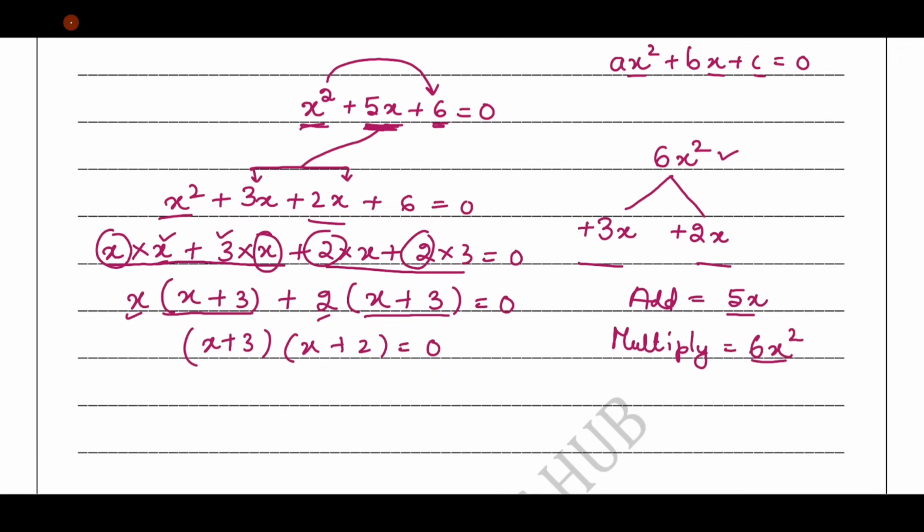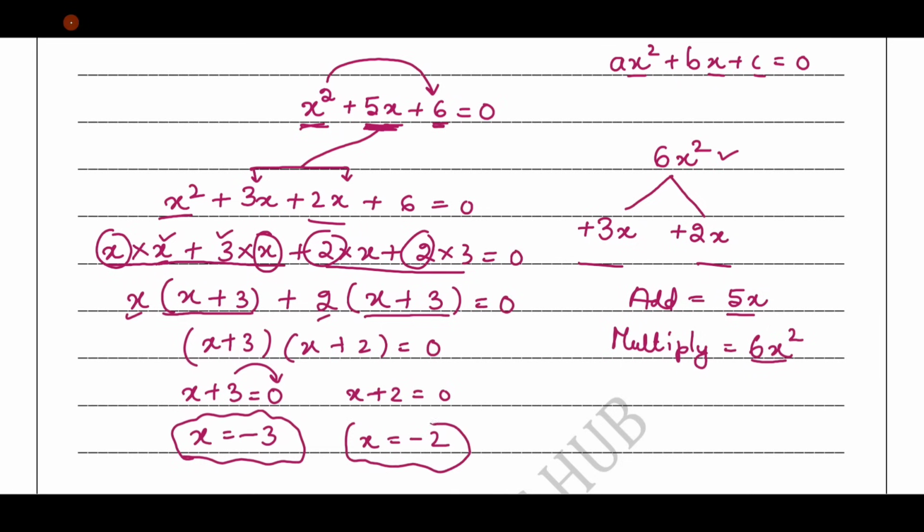Now, equate each to 0. x plus 3 equals 0, x plus 2 equals 0. Shift plus 3 to RHS, it becomes minus 3. Plus 2 to RHS, it becomes minus 2. Therefore, the roots are x equals minus 3 and x equals minus 2.